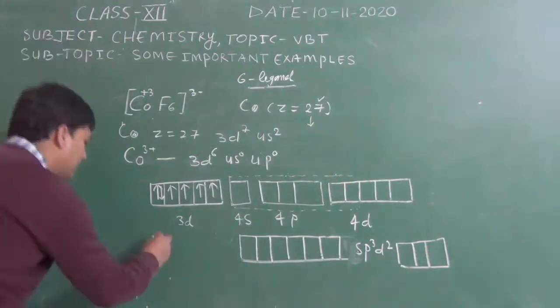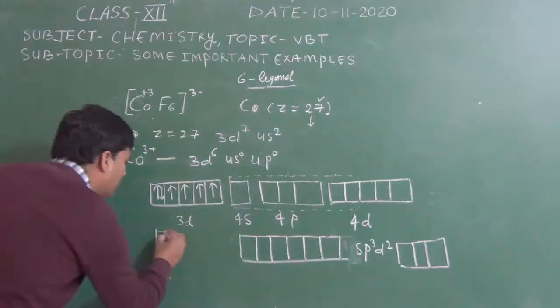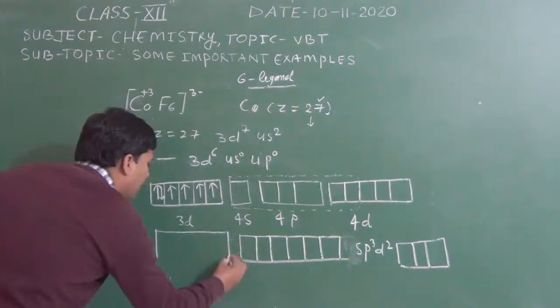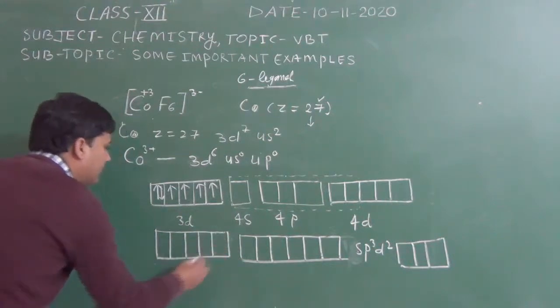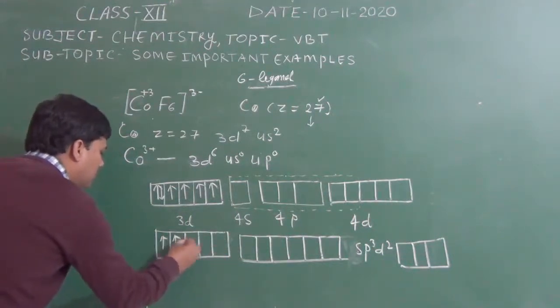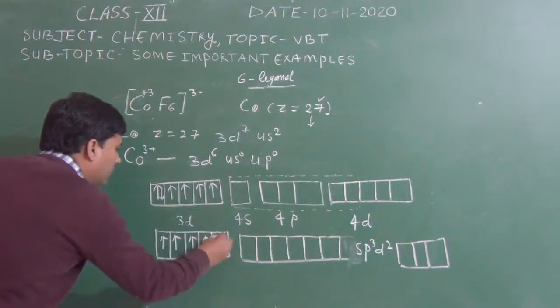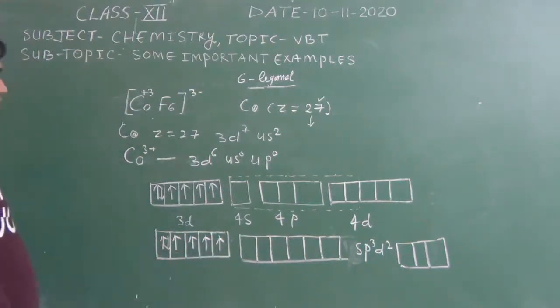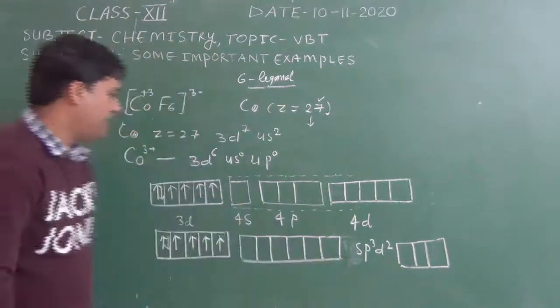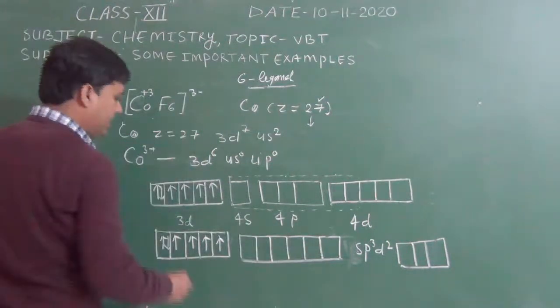The 3d orbitals can be represented in this way. In these hybridized orbitals, how many ligands? 6 ligands.